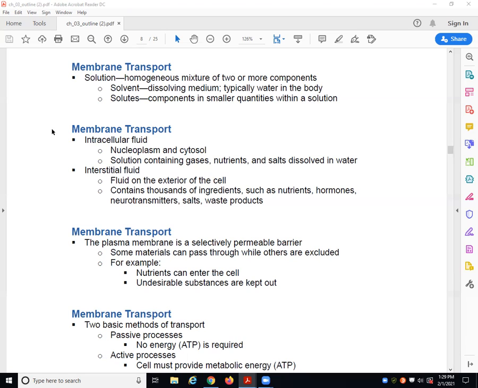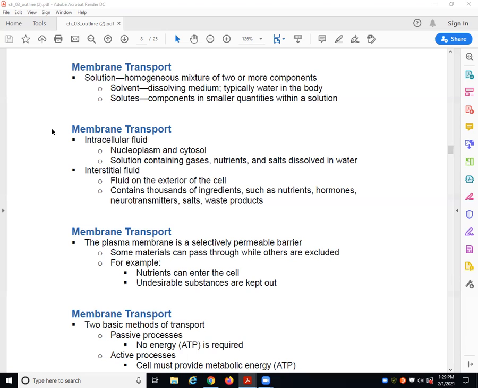It's kind of like that with the plasma membrane as well. Some materials can go through the membrane, others cannot. For example, nutrients go into the cell, and things that you don't want to go in are kept out.